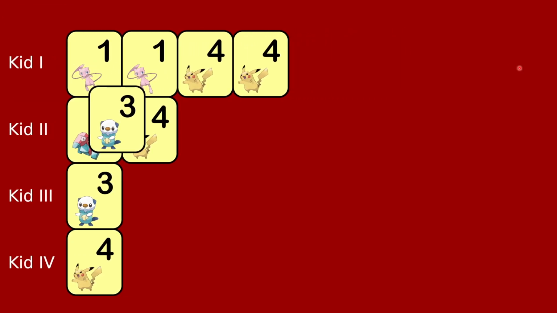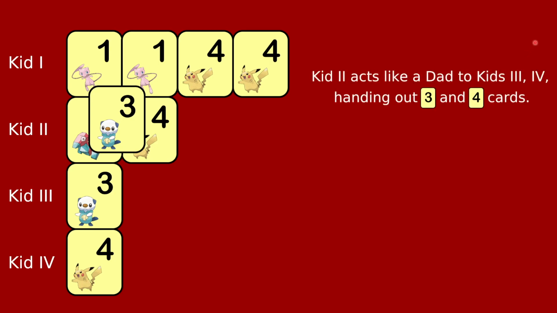So if you think about how this goes, in some sense, kid number 2 sort of acts like a dad himself to kid 3 and kid 4, in that, as time goes on, kid 2 dishes out cards to kid 3 and kid 4. In particular, kid 2 only ever dishes out 3s and 4s because 1s and 2s are always kept by kid 1 and kid 2.